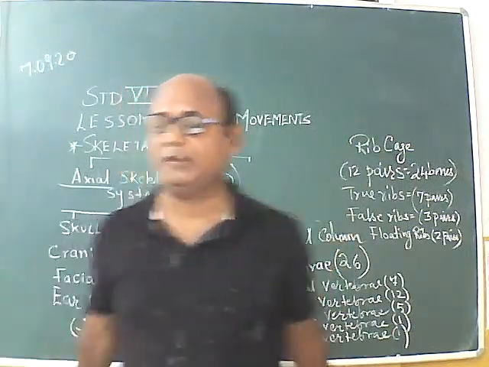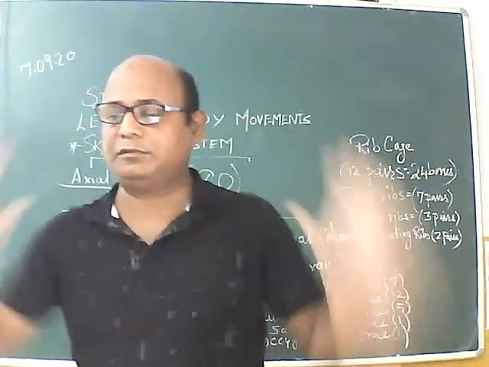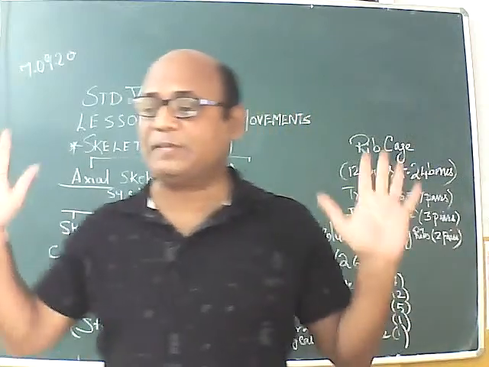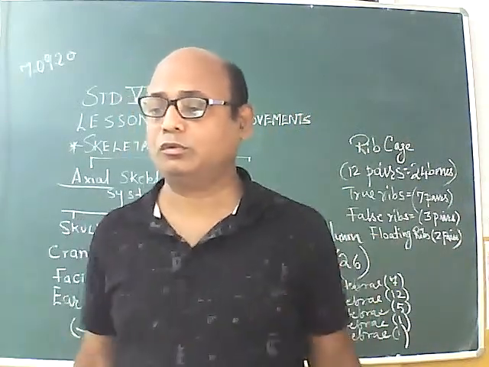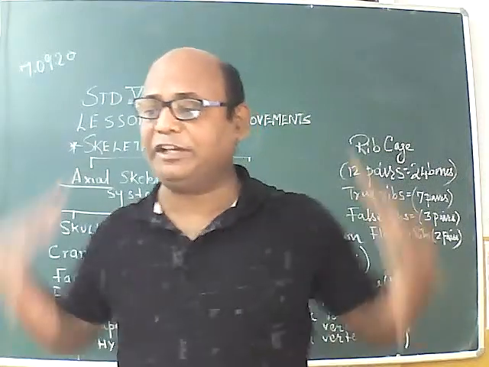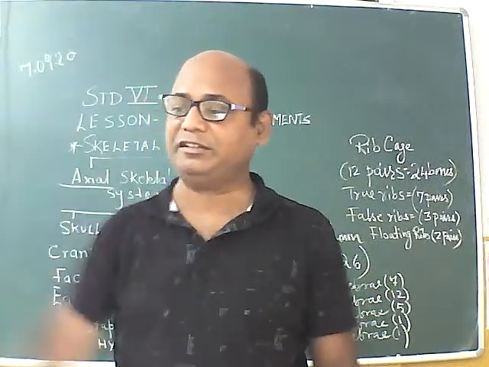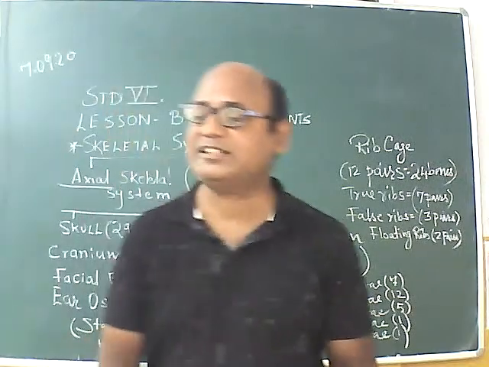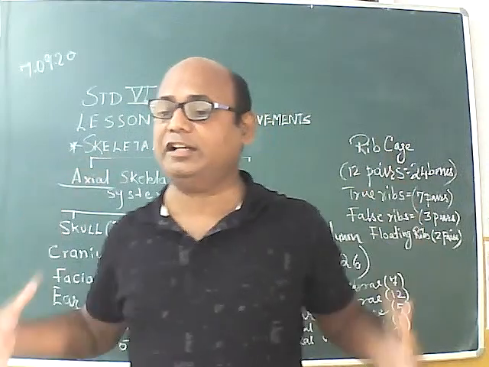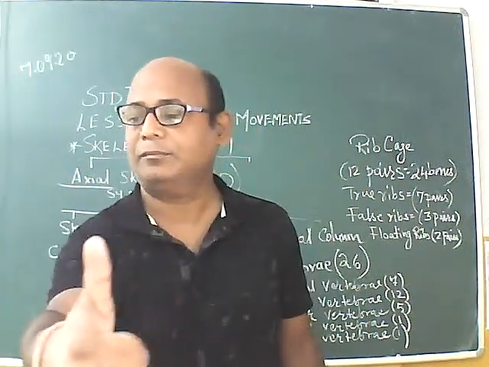Count and tell me. In the axial skeletal system we studied today, 80 bones are there. Now do 206 minus 80. Ishan, what math are you doing? 162 is written.